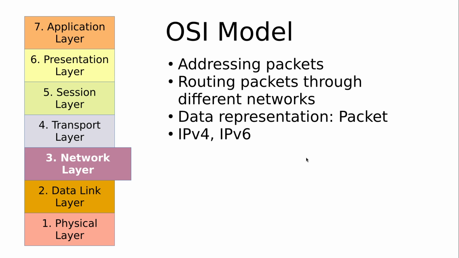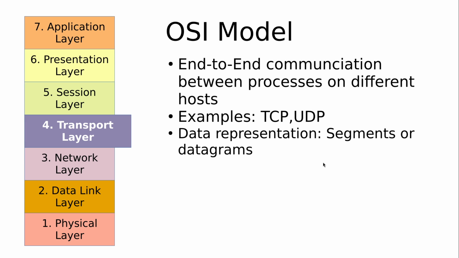The next layer is the network layer. The network layer is in charge of addressing packets and routing these packets through different networks. The data representation here is a packet, and examples are IPv4 and IPv6. Then we have the transport layer at layer 4. The transport layer gives us end-to-end communication between processes on different hosts.